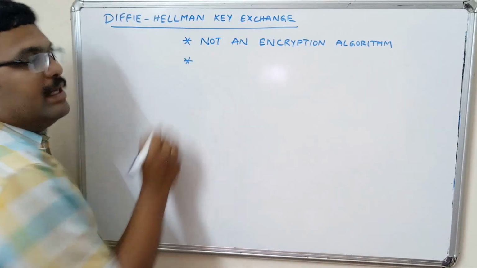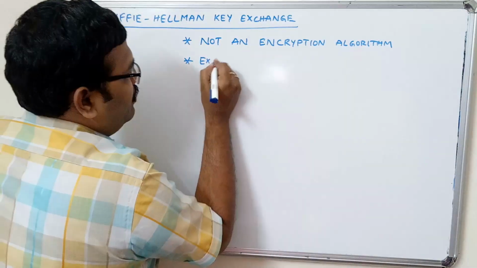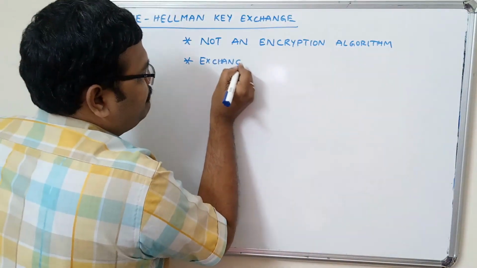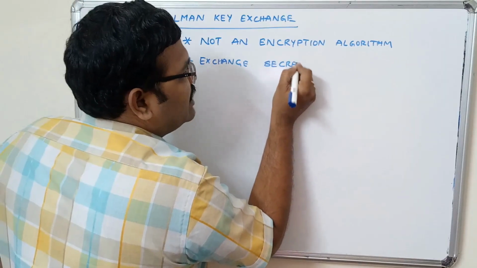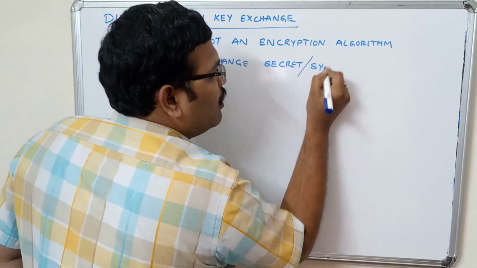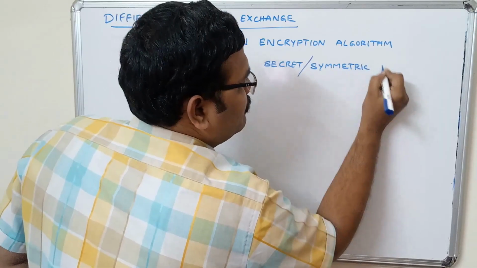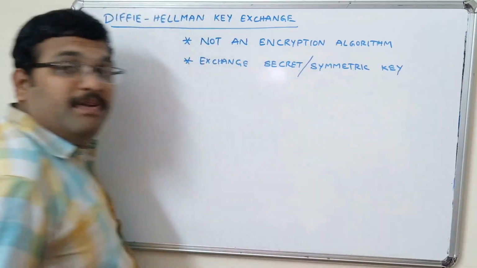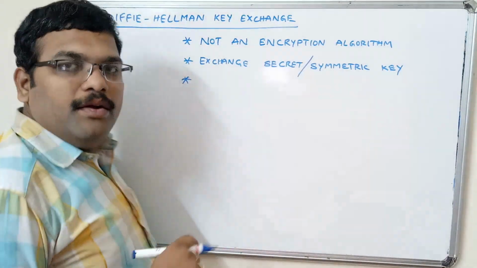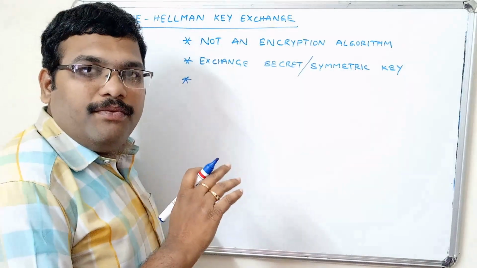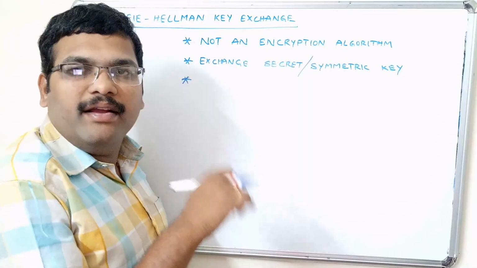Second point, this is used to exchange the secret or symmetric key between sender and receiver. And the third one, this will happen with the use of asymmetric encryption.